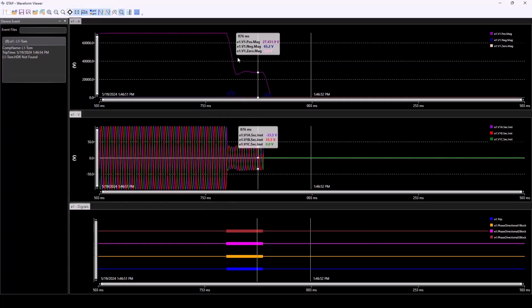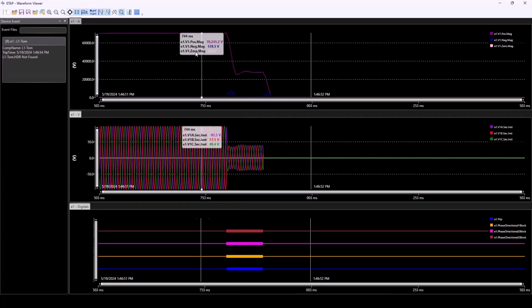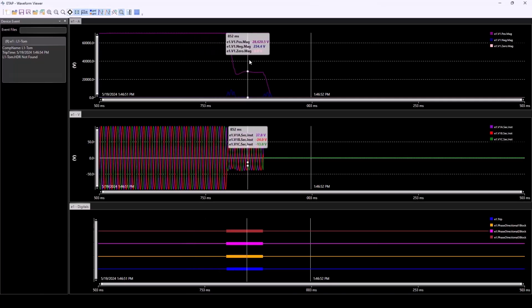All right, so as you can see here, the negative sequence and zero sequence are negligible because it's a three-phase fault, and the positive sequence value drops from 70 kilovolts to 27 kilovolts, which is about a 60% drop in the positive sequence voltage.